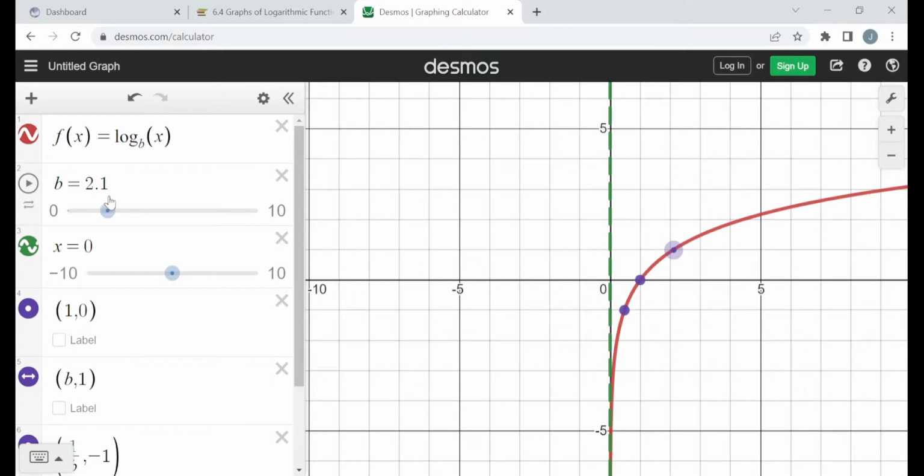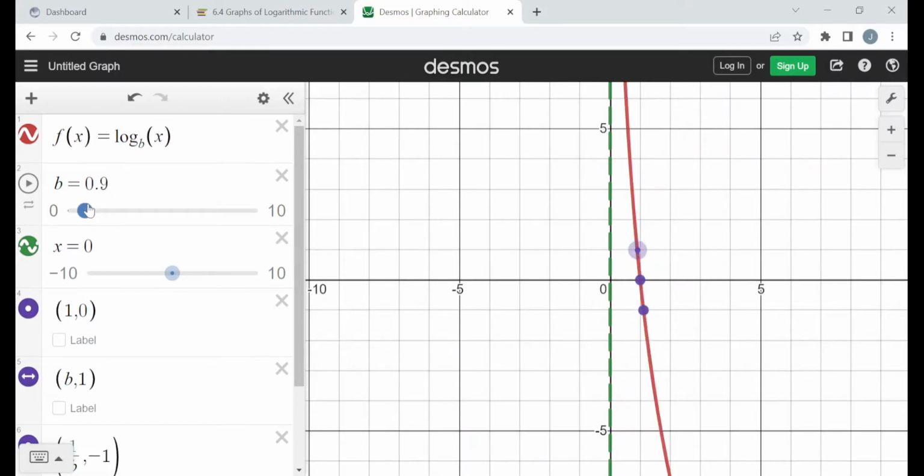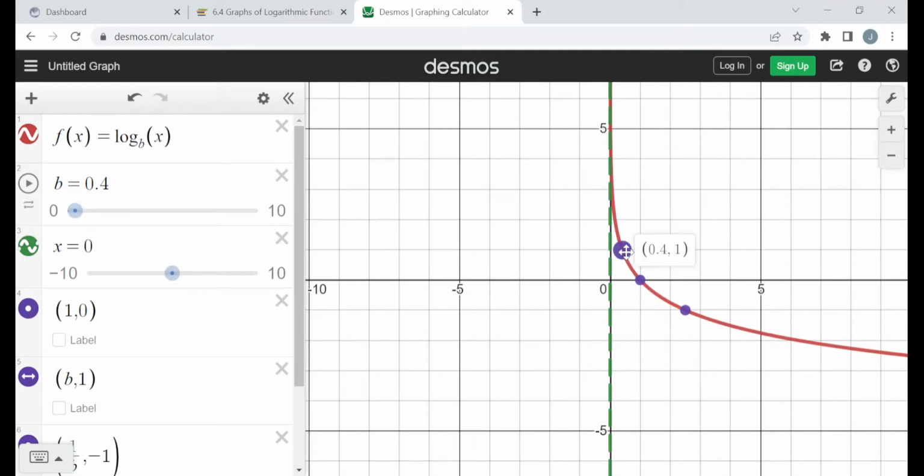All right, so that's when the base is bigger than 1, and then you see when the base is less than 1, so I move b to like 0.9 or something. See how now it's a decreasing function, like in my hand drawing. But again, those same points are on there. Here, b is 0.4 right now.